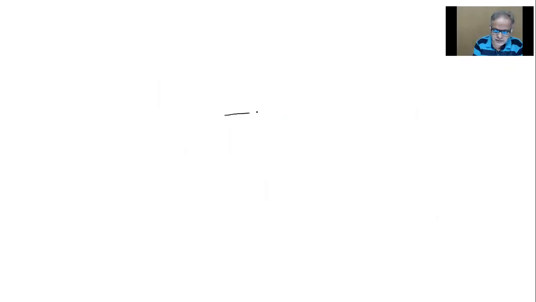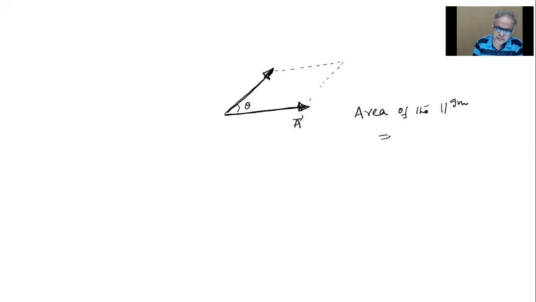Look, this is our A, and this is our B. We completed the parallelogram. This angle is theta. Let me find out the area of this parallelogram. Is it base into height, or 2 times half into base into height?